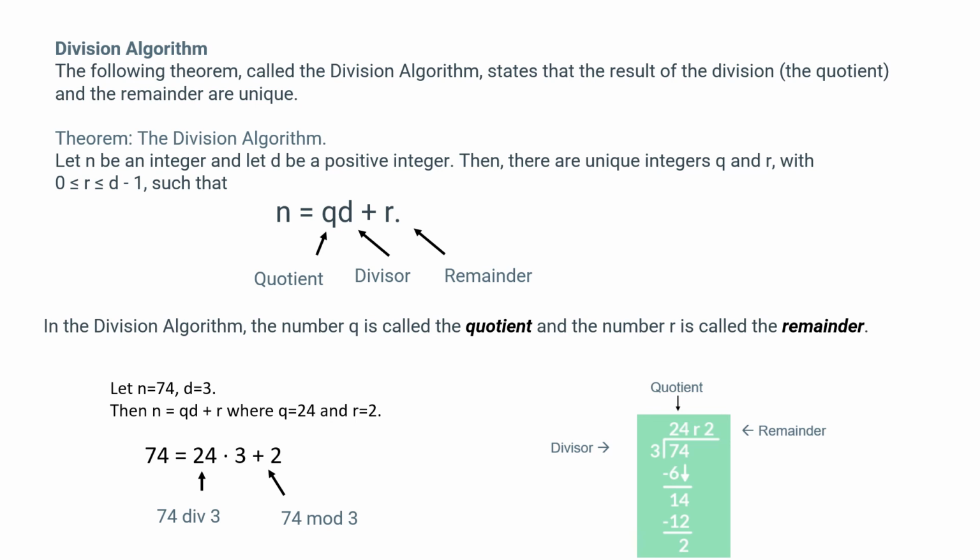So 24 is 74 div 3, and then that remainder would be 74 mod 3. So we can rewrite 74 as 74 div 3 times this divisor of 3 plus 74 mod 3. That's all this theorem is saying, and if you do the problem, you'll get the same answer.